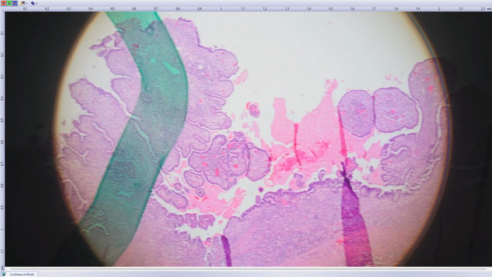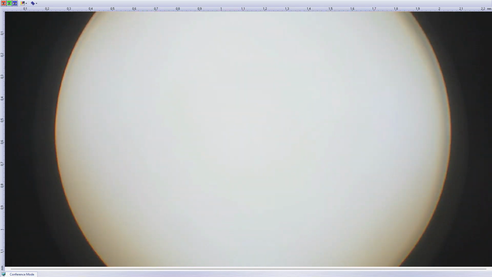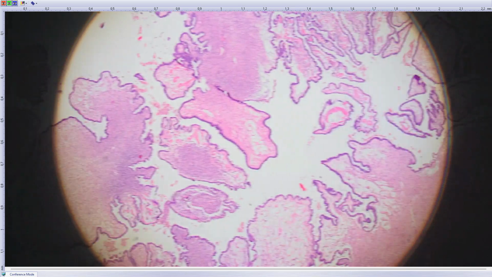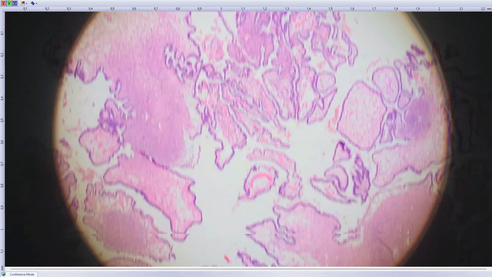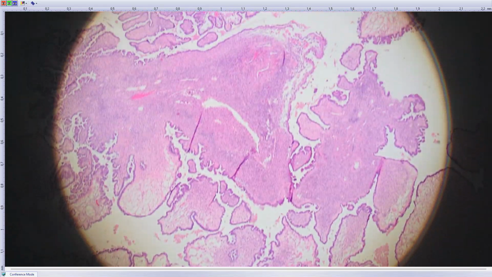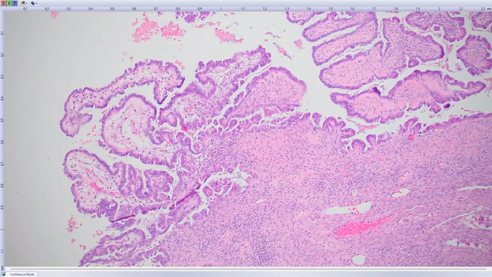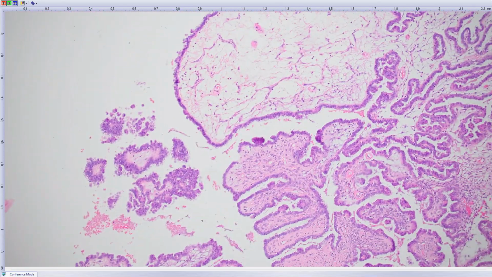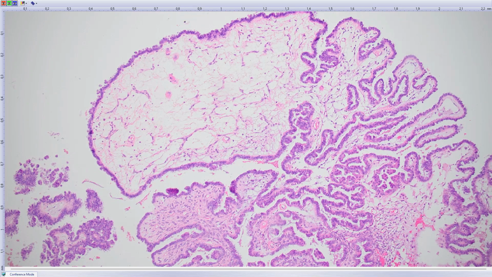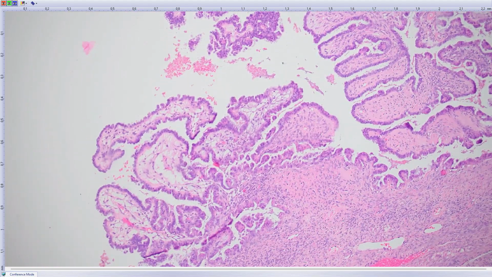But if we look closer at the lesion, and maybe the next specimen is better to appreciate it, it has this architecture, and it is slightly different from serous borderline tumor. This lesion is called seromucinous borderline tumor, and it is typically composed of a mixture of Müllerian type epithelium.